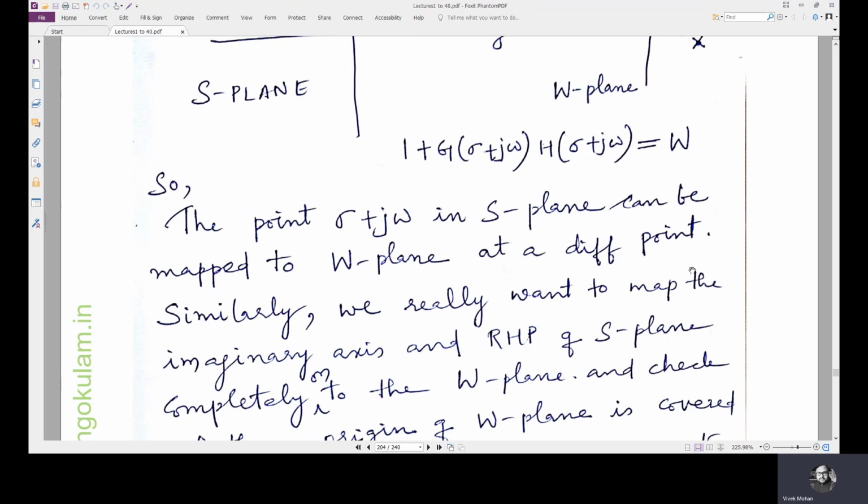The point sigma plus j omega in the S-plane can be mapped to the W plane at a different point.